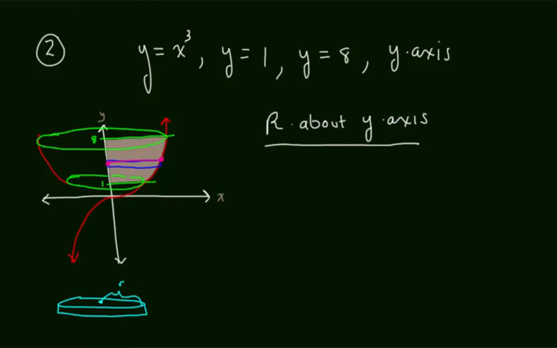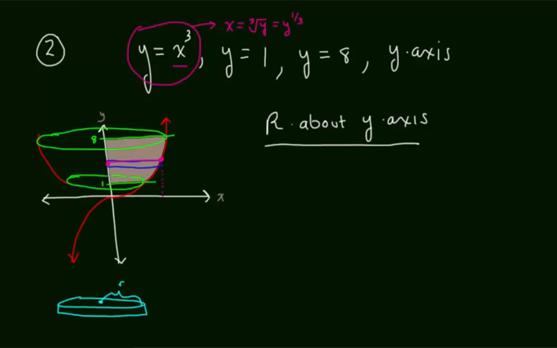That distance is not x squared. X squared is this distance. So what we need to do is take this and solve for x. So this is going to be x equals the cube root of y, or simply y to the 1/3 power.